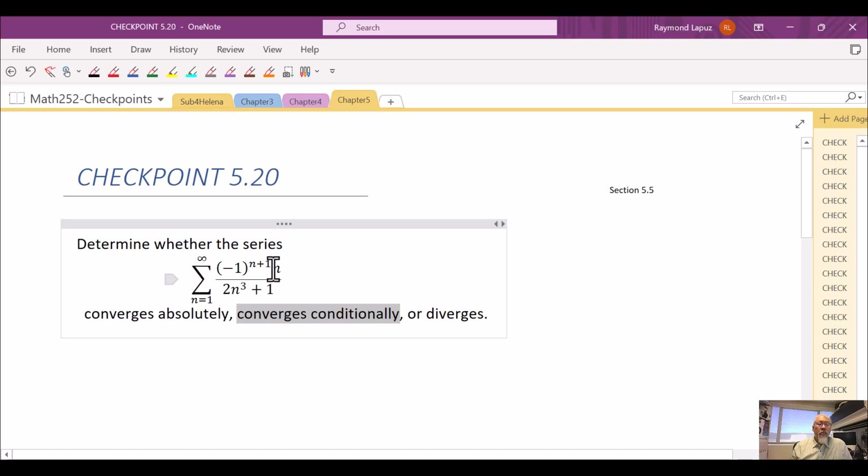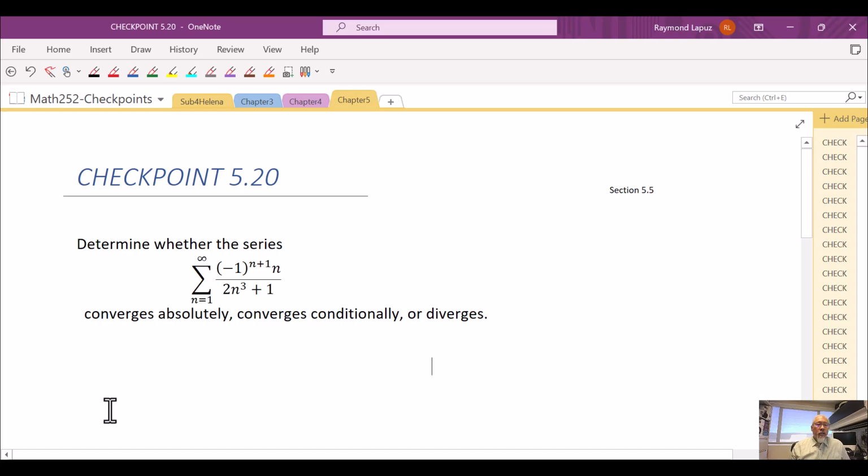The b sub n term has to be decreasing, and the limit as n goes to infinity of the b sub n term has to equal 0. If it satisfies those while not absolutely converging, we can conclude that it converges conditionally. If it doesn't converge absolutely and it doesn't converge conditionally, then it must diverge. So that's going to be the process.